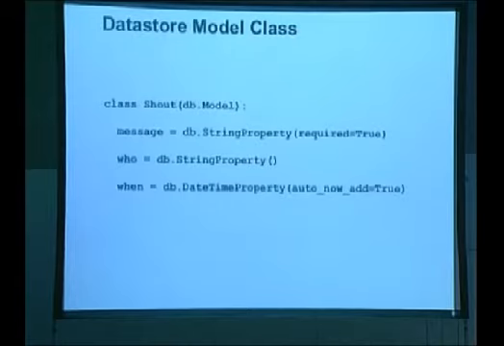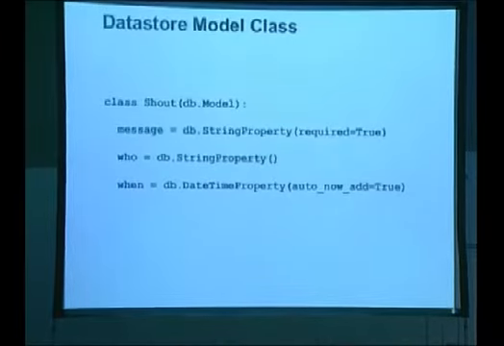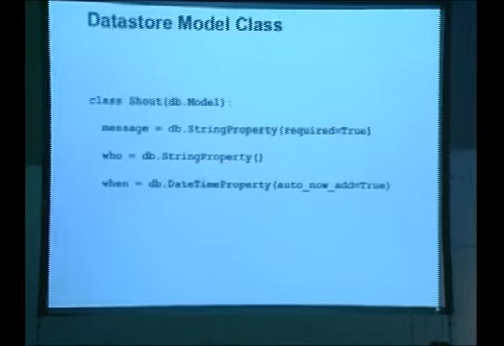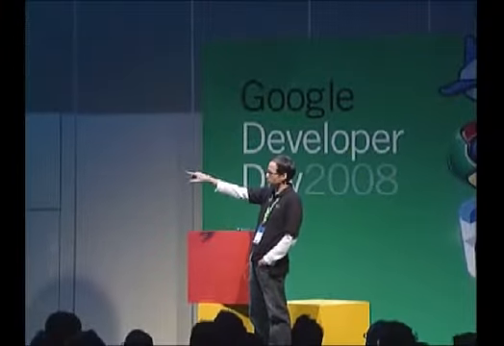We'll generate indexes on each of these properties using the comparison operator that's the natural one to use for that type. In this case, you can see some interesting features. At the bottom you can see that we have auto_now_add equals true. Since db.Model is just a Python class, we can extend it however we'd like.